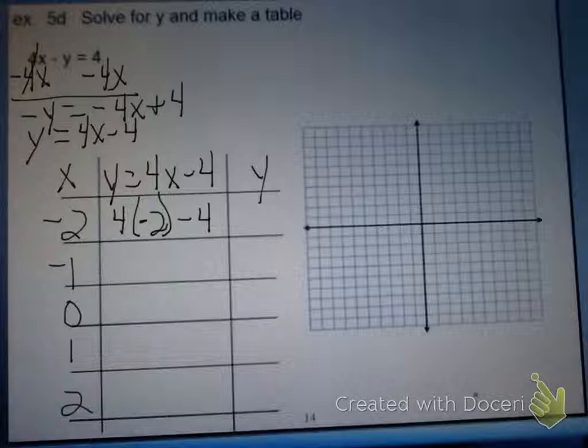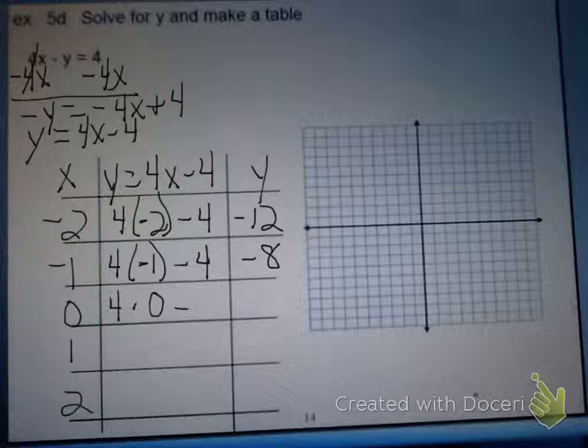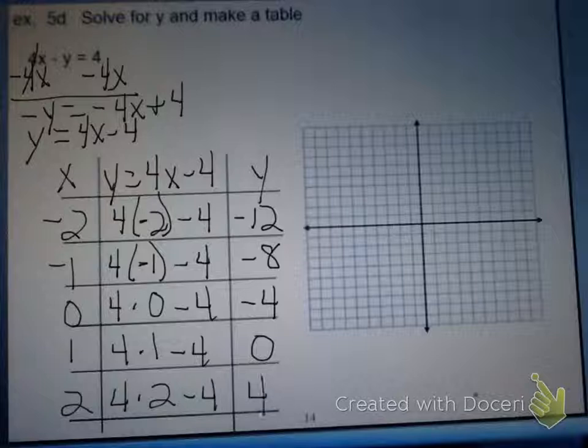Negative 8 plus a negative 4 is a negative 12. 4 times a negative 1 is a negative 4. Minus 4 is a negative 8. 4 times 0 is 0. Minus 4 is negative 4. 4 times 1 is 4. Minus 4 is 0. And 4 times 2 is 8. Minus 4 is 4.